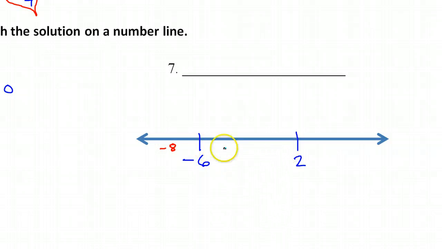Now in the middle, I love to pick 0 for a test value because it makes the calculations easier, and 0 is definitely between negative 6 and positive 2. Over here, I could pick 3 or 4 or 5, anything, I could pick 100. But I'm going to pick 4.